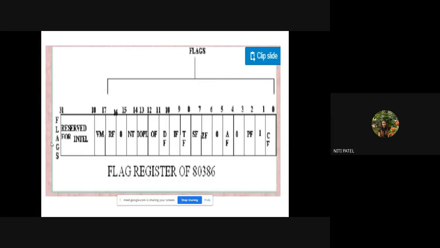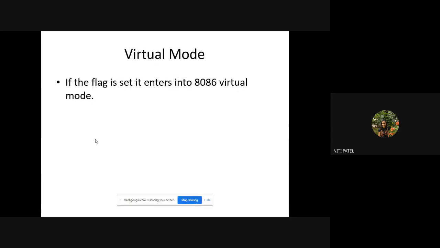Now let us see the remaining bits, that is IOPL, NT, RF and VM. First is virtual mode. What do you mean by virtual mode? We have a small part of memory in the system called virtual memory. What is that virtual memory? If you remember, in the first lesson I had explained it.